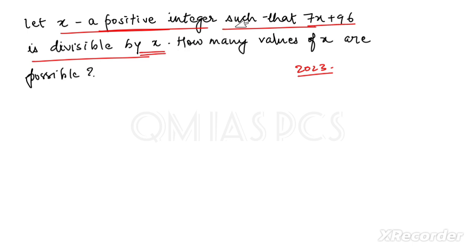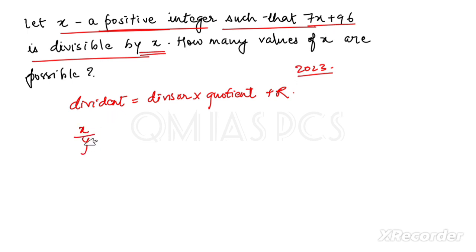In the earlier classes, I told you that dividend is equal to divisor multiplied by quotient plus remainder. Remember this one? And if x is divisible by y, we can say that y is a factor of x.